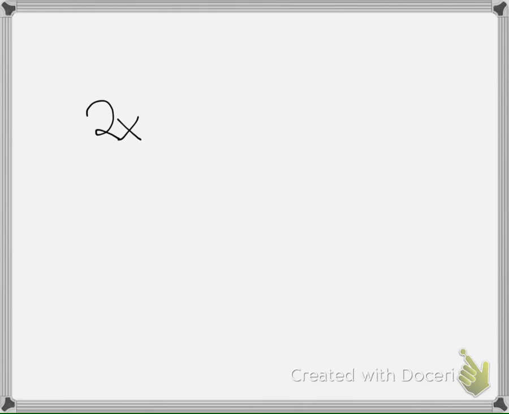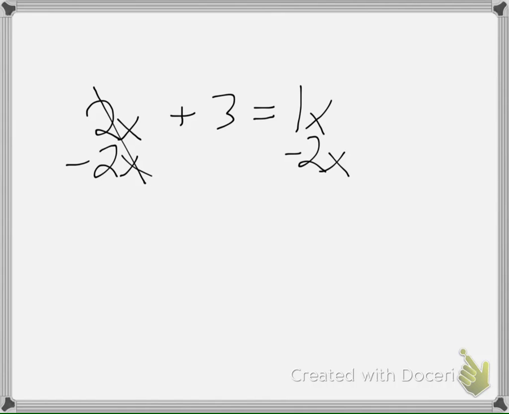So 2x plus 3 equals 1x. So, guys, y'all need to quiet down. So I'm going to subtract 2x, subtract 2x. That cancels, so I'm left with 3 on the left-hand side. And on the right-hand side, I have negative 1x.